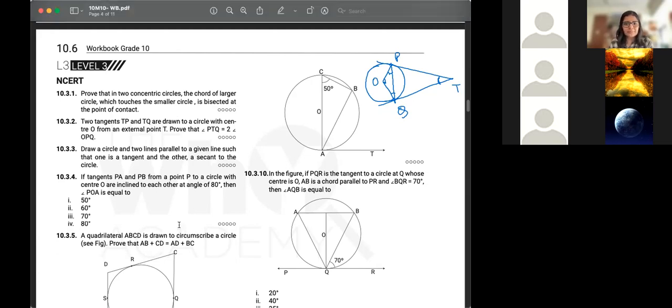So whoever is completely done, look at 10.3.4. This is direct. You can do it easily enough. Vasudha done. Awesome. Abhishek done. Ananya done. Good.